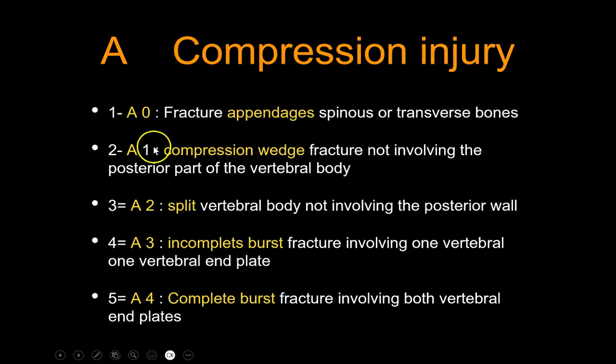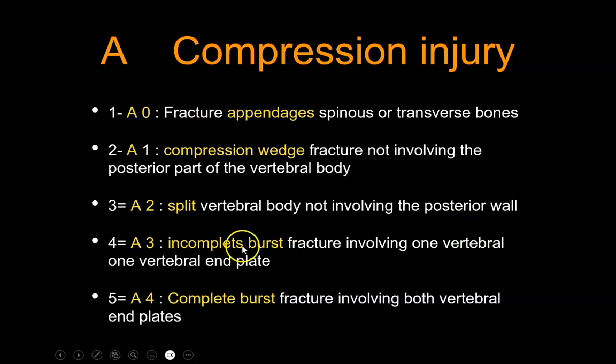You get A1, as we said, the compression or wedge fracture involving the anterior part of the vertebral body. Remember, here we are talking about bone, just bone. Forget about the ligaments. And A2 is a split vertebra, split into two pieces, not involving the posterior wall.